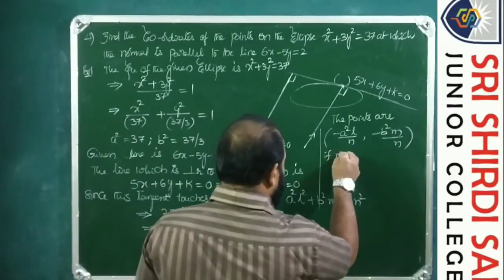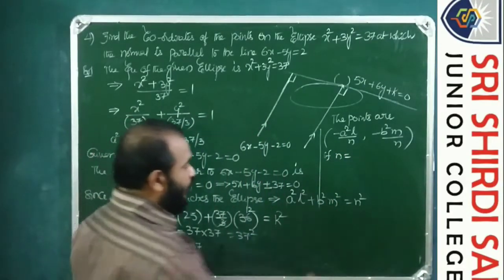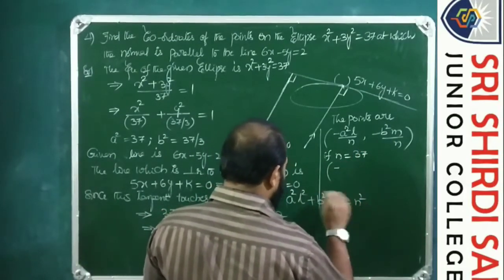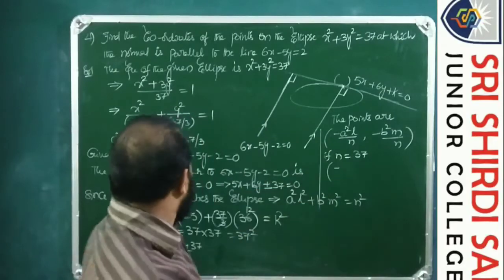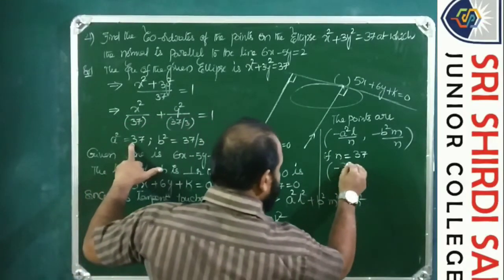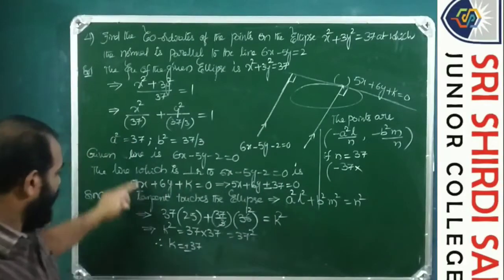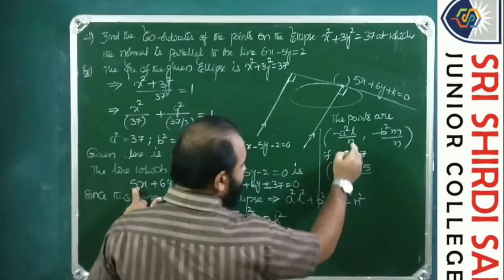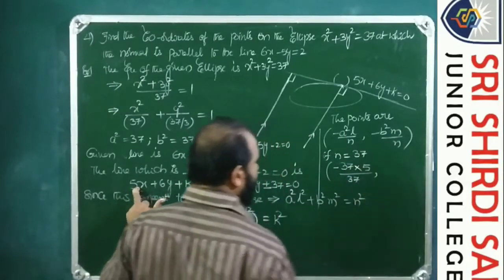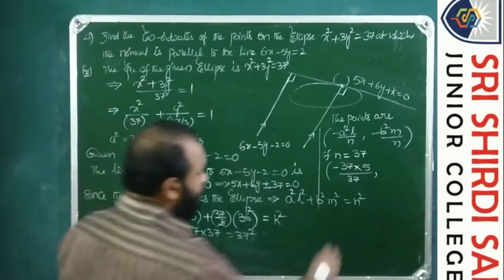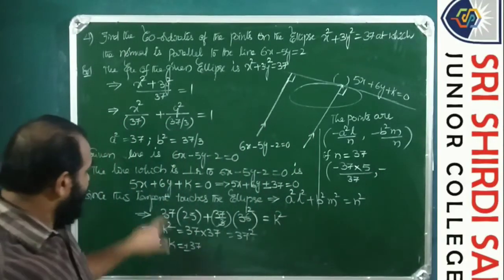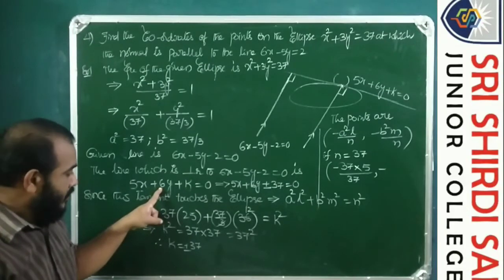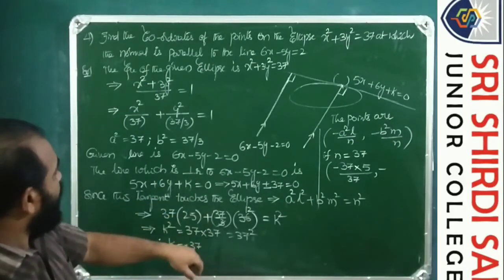If n equals to plus 37, we substitute here: minus a square is 37, l is 5, by n is 37, comma, minus b square, b square is how much? 37 by 3.